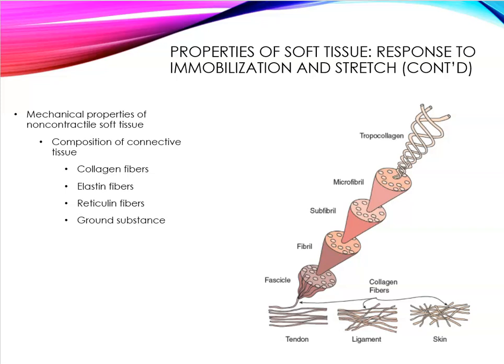Connective tissue is composed of 3 types of fiber: collagen, elastin, and reticulin, and non-fibrous ground substance consisting of proteoglycans and glycoproteins. Collagen fibers are responsible for the strength and stiffness of tissue and resist tensile deformation.